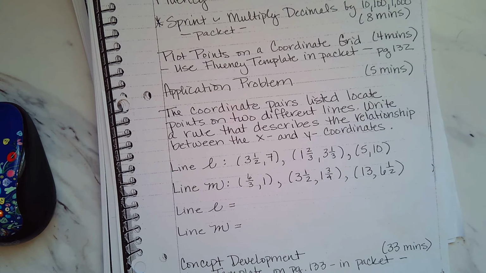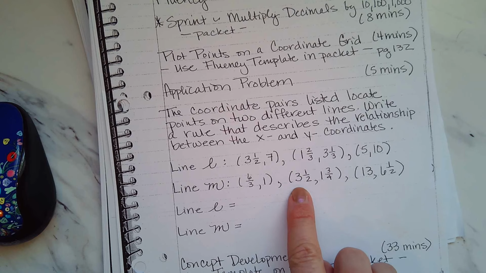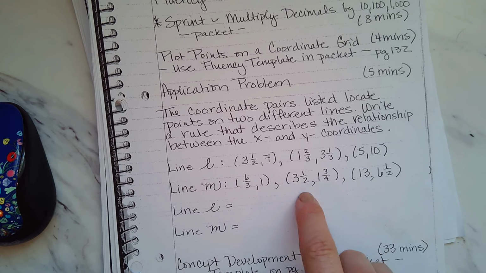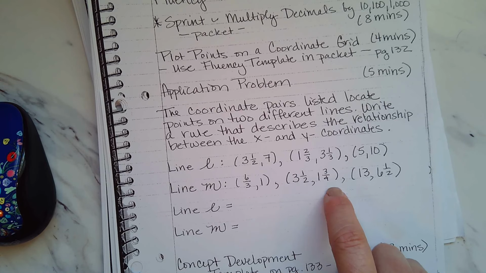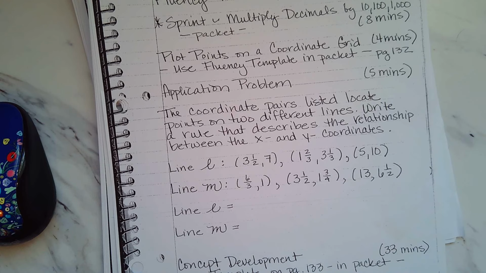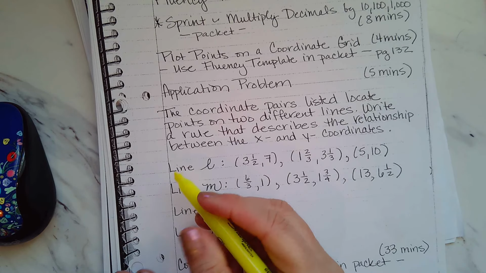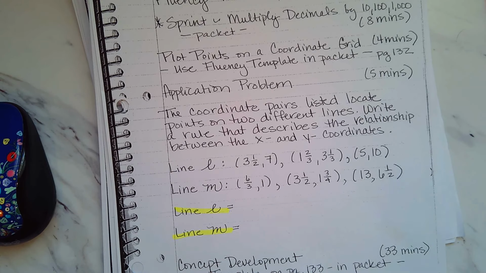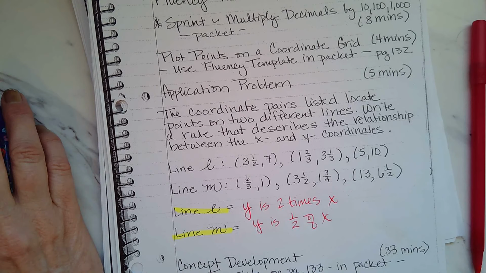Something's jumping out at me on that one. Then 6/3, 3.5. So 6/3 and 1, 3.5 and 1 3/4, 13 and 6.5. So what rule can you write for line L and line N? Try it and come back and check your work.